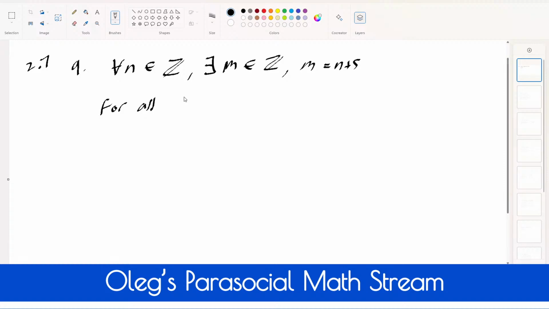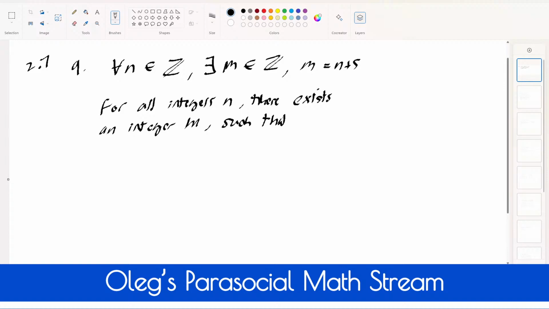For all integers n, there exists an integer m such that m is equal to n plus 5.